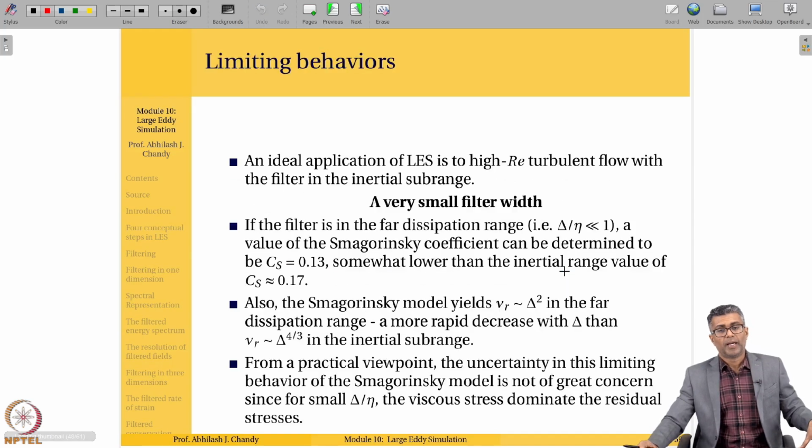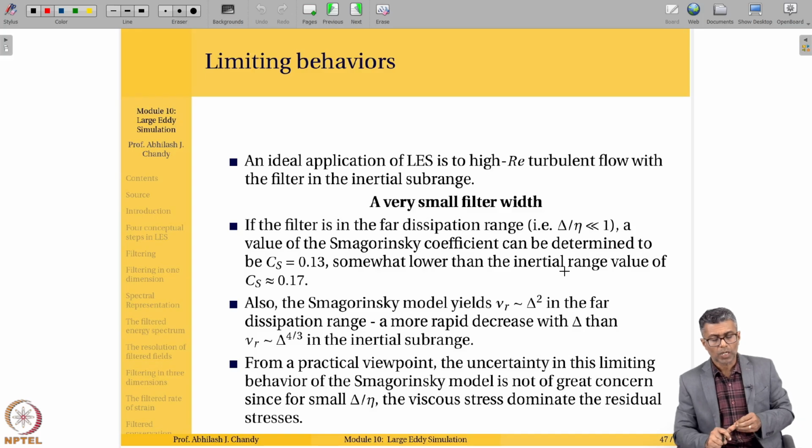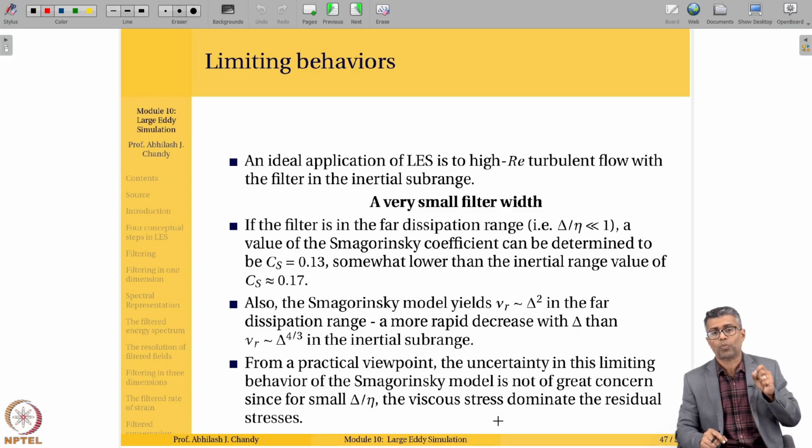Now let's look at the limiting behaviors. An ideal application for LES is to use high Reynolds number turbulent flow with the filter in the inertial subrange. That is what you want to do. But what happens if you have a very small filter width?